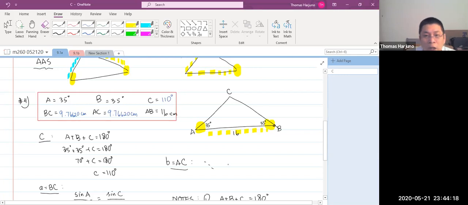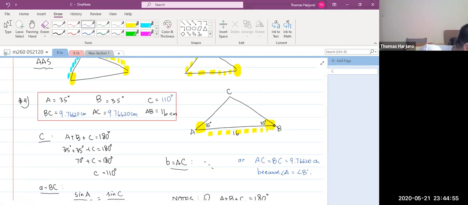So you can work it out there, or you can also say side AC equals side BC, which is 9.76620, because the opposite angles, angle A equals angle B. Are you with me? Now that knowledge is important for our later work.